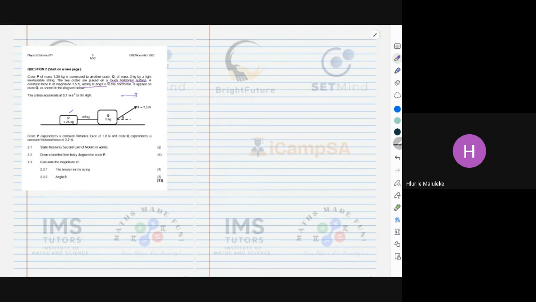So that means they are going this side. Crate P experiences a constant frictional force of 1.8 newtons. Crate Q experiences a constant frictional force of 2.2.